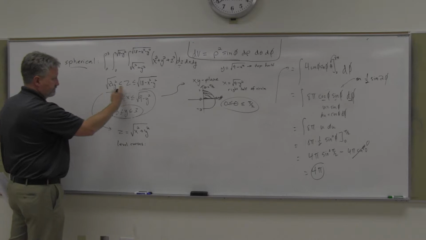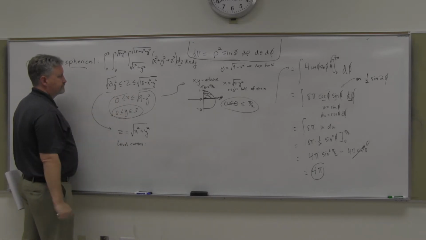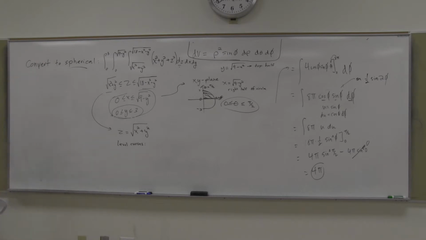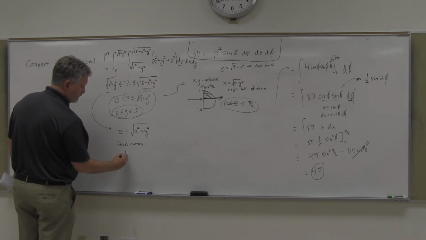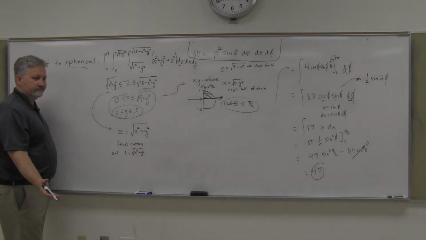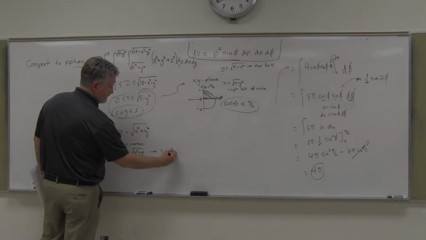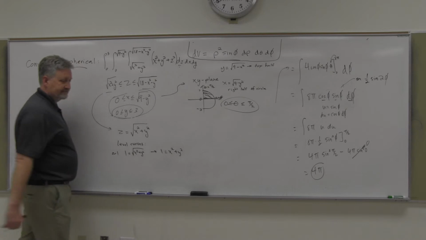Of course, we're talking positive values of z here, since it's got to be square rooted, only positive values. So z could equal 1, that would be 1 equals the square root of x squared plus y squared. Well, square both sides. You're talking a circle, aren't you?